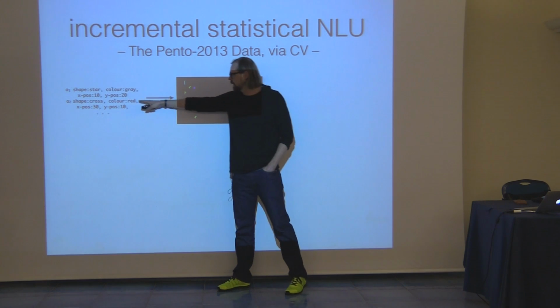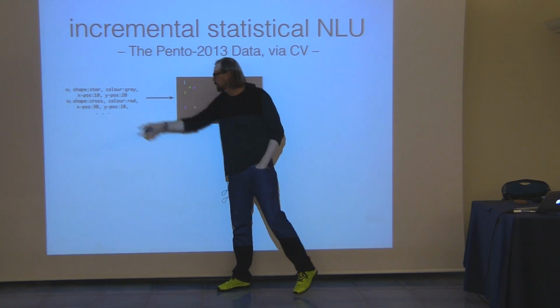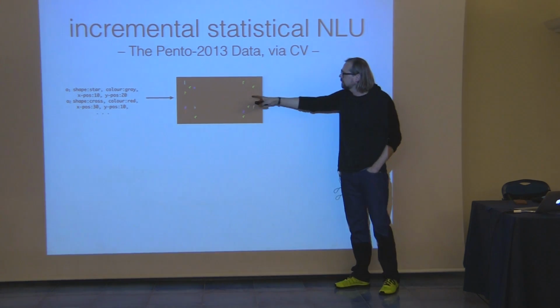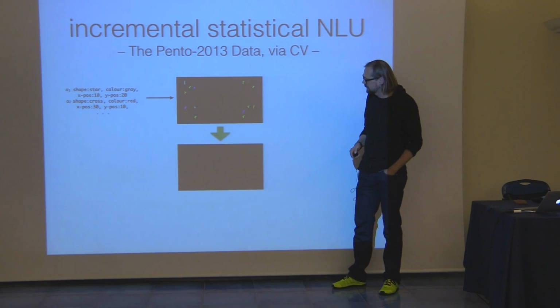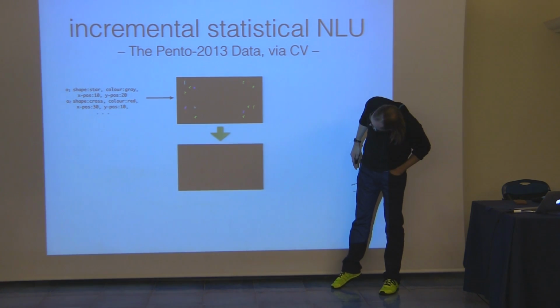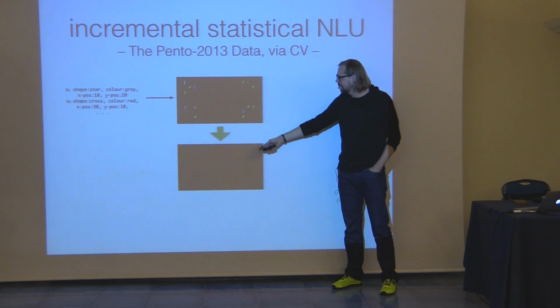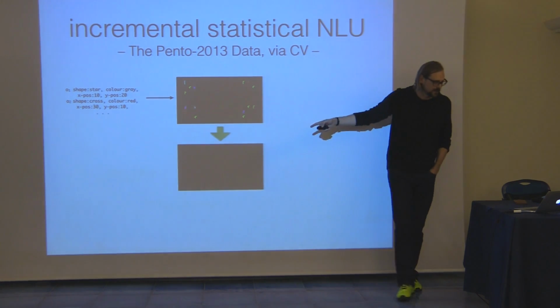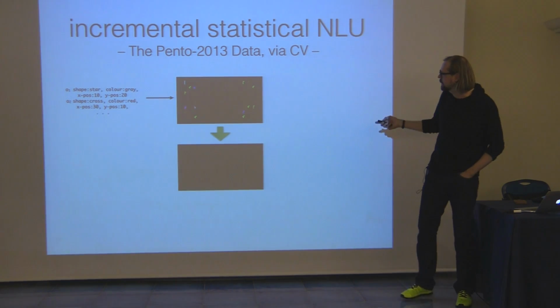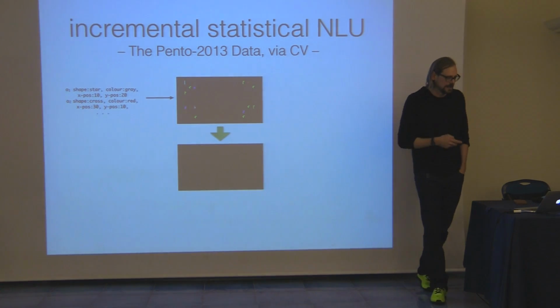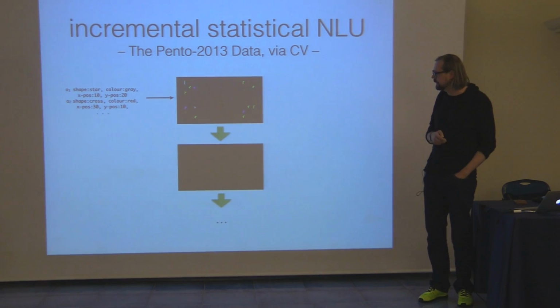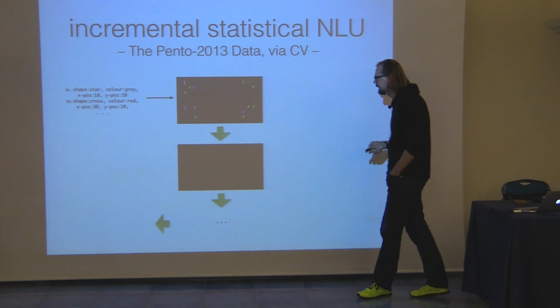So instead of giving our system these representations, we gave the computer only the images, and based on CV techniques like edge detection, there are little gray edges here, which you can't see, and other fairly standard stuff.